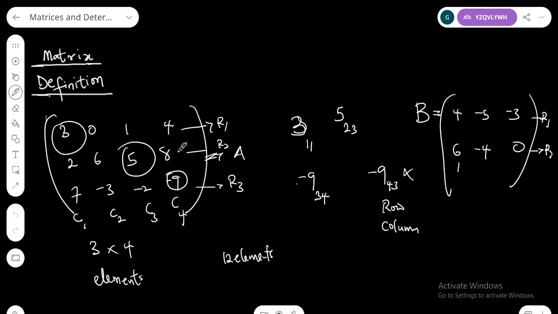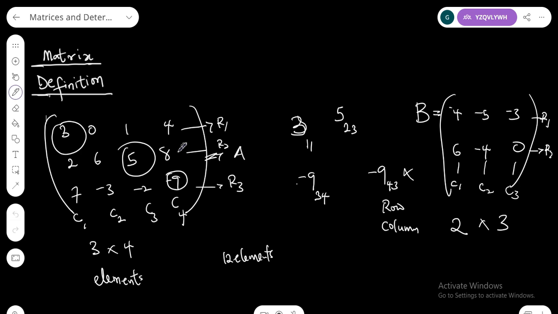It has 2 rows. How many columns? This is column 1, this is column 2, and this is column 3. So we say this is a matrix of order 2 by 3, because it has two rows and three columns.